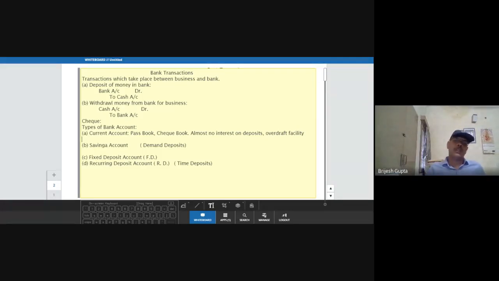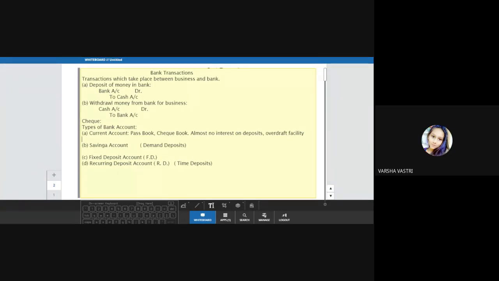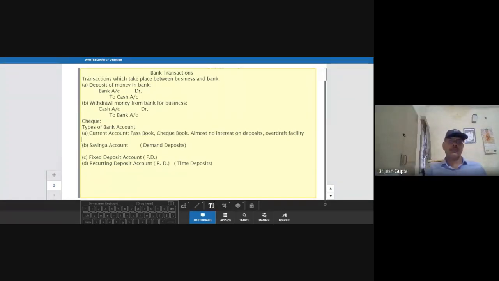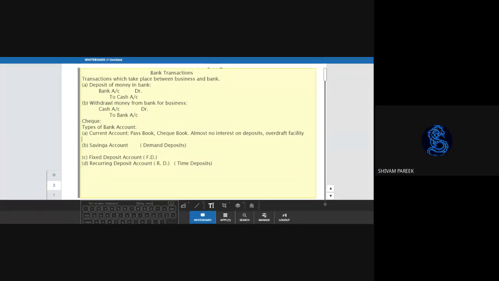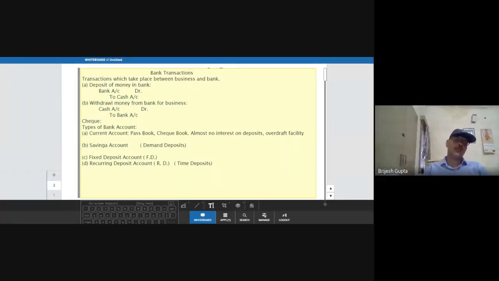So what are we discussing right now? Sairam, please speak. Which type of account are we discussing? Current account. Okay. So what are the features of the current account? In this account, money can be deposited and withdrawn any number of times.